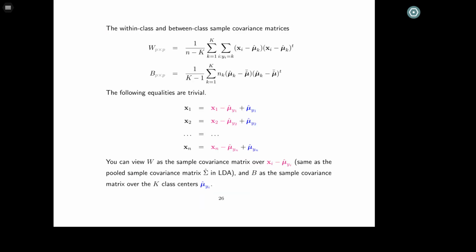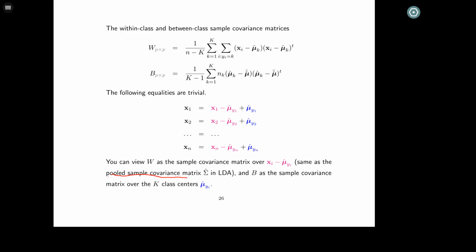So what are B and W? W stands for within class variation, which is the same as the pooled sample covariance matrix we mentioned before. We have a double summation. The inside summation is the variation of every xi to its own class center, and then we accumulate those variations over the k classes. So that's the within group covariance matrix.